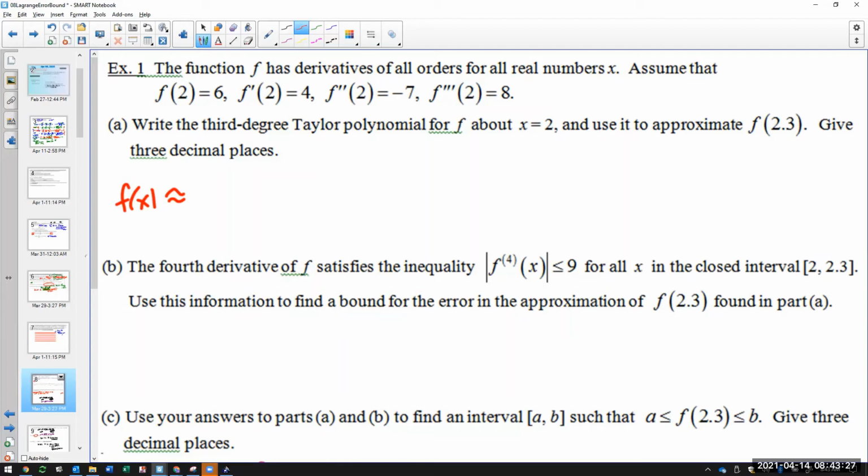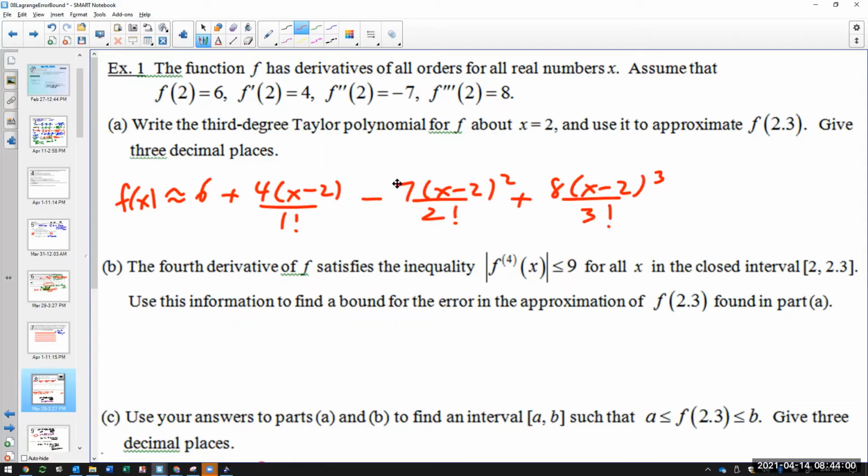The center is 2. Okay, did everybody get the same thing I got?